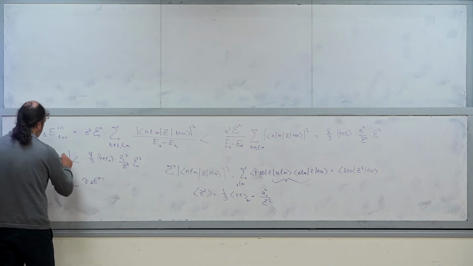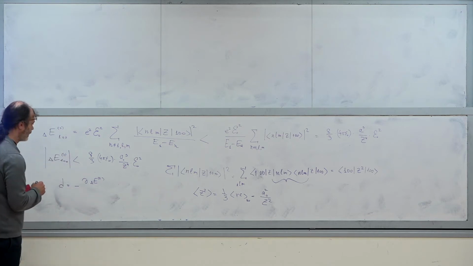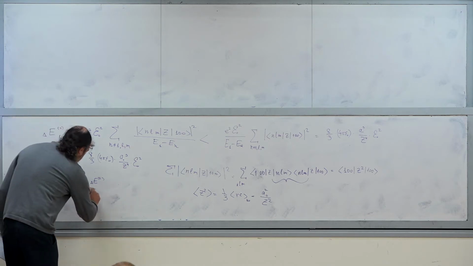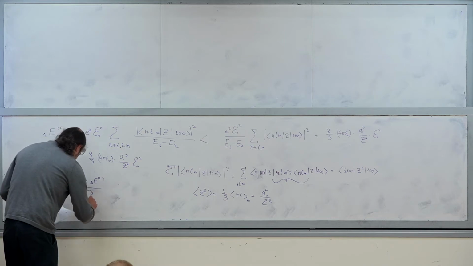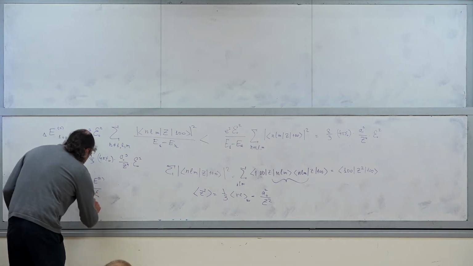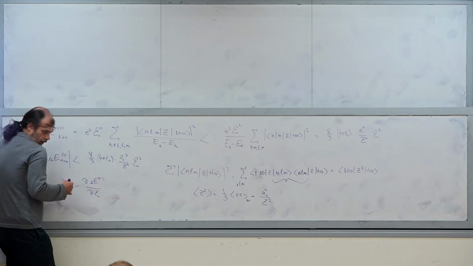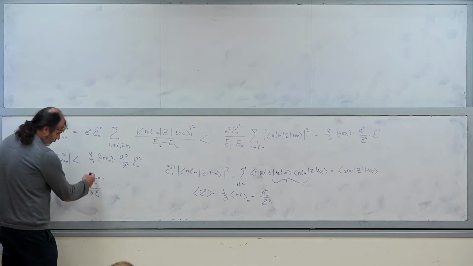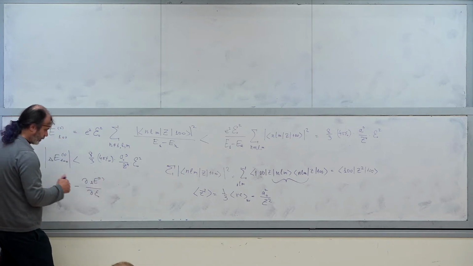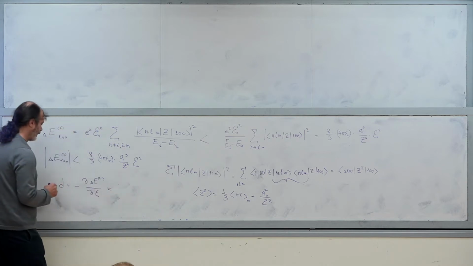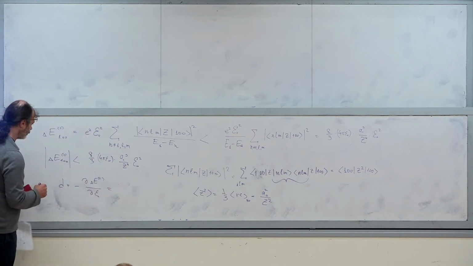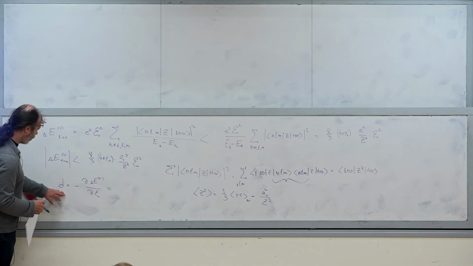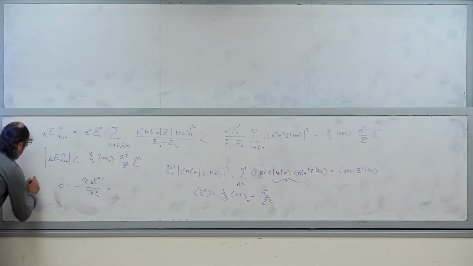We can put a 2 here just to remind ourselves that this is second order perturbation theory, divided by d epsilon 0, the strength of the field. That's the definition of the induced dipole moment.